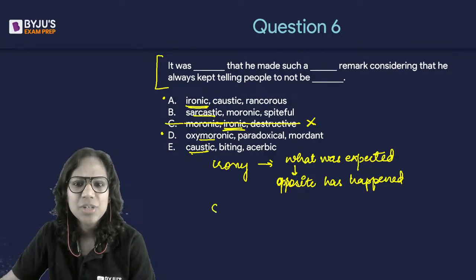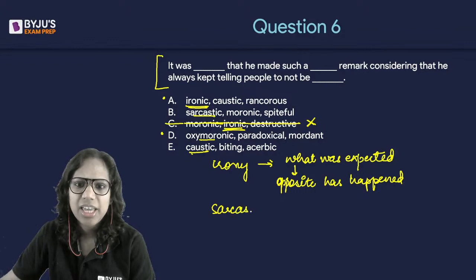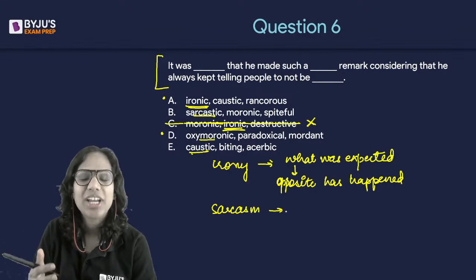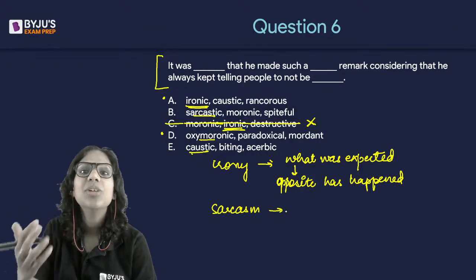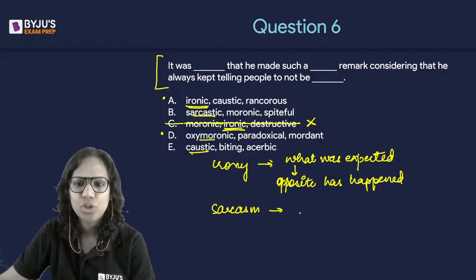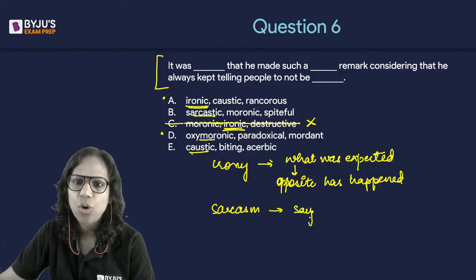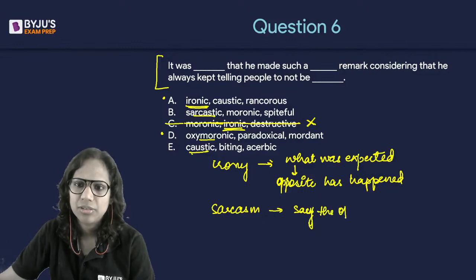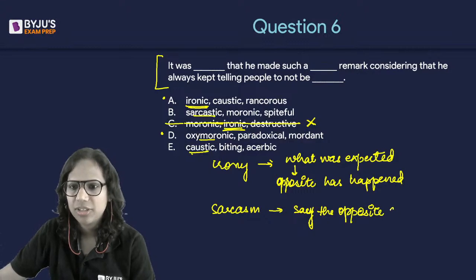Then sarcasm is, again, a use of irony. It's a verbal irony. When you say something which is the opposite of what you mean, usually to taunt.